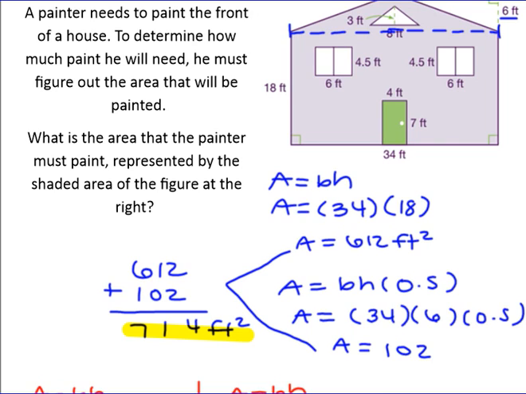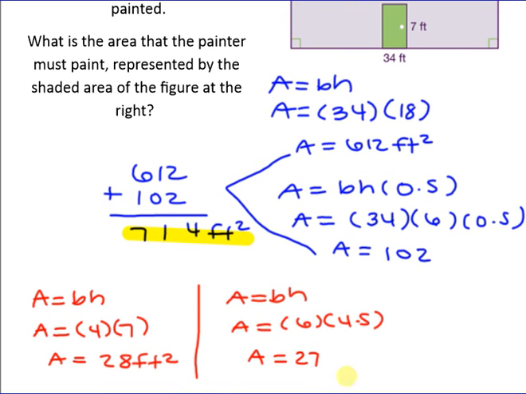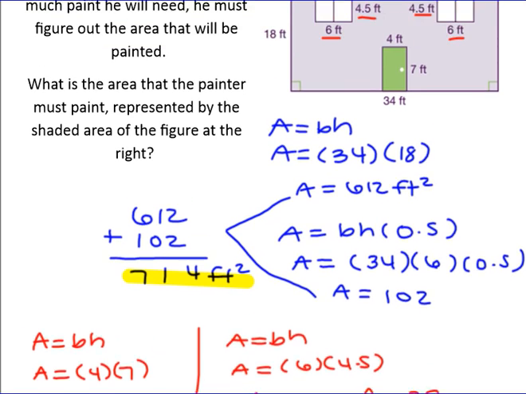Now, if you notice, this window is the same thing as this window, the exact same dimensions. So we can just write area equals 27 again for the other window.